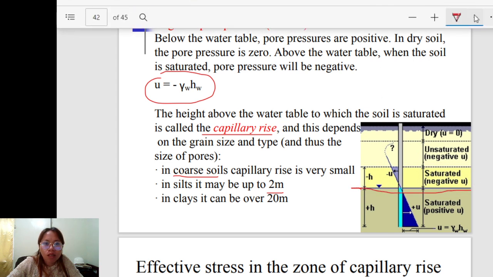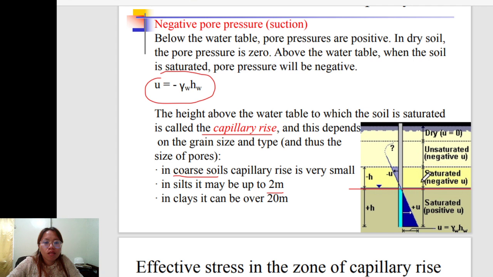So there is capillary rise moving upward. So the pore pressure is negative in this part, no? And the saturated part below the water table has positive pore pressure, no? Positive U.